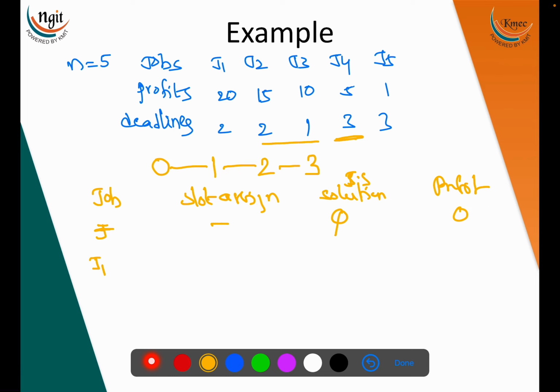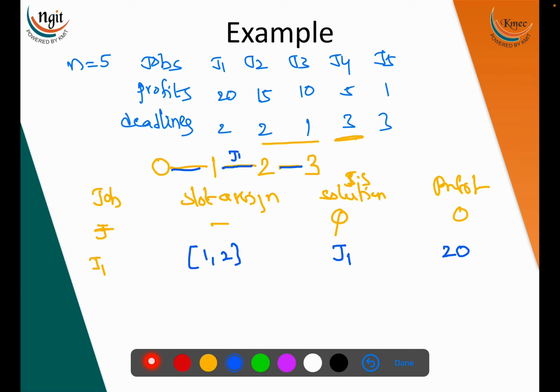So I can choose the 1 to 2 slot for J1. I am writing the slot I am assigning, which is the 1 comma 2 slot. So what is the processing sequence? J1. What is the profit of J1 once I complete it? 20.